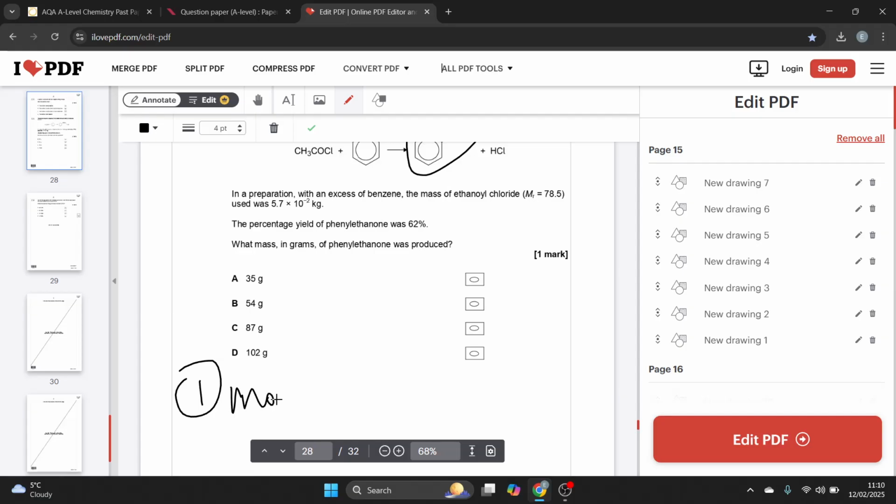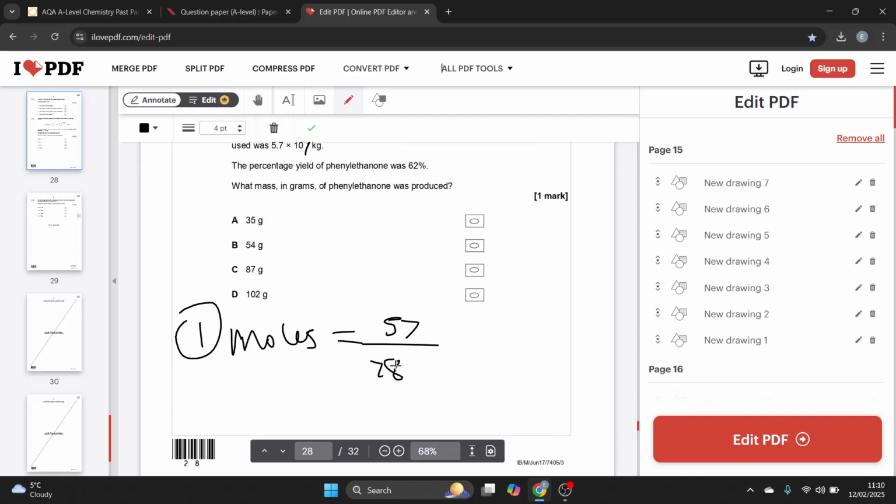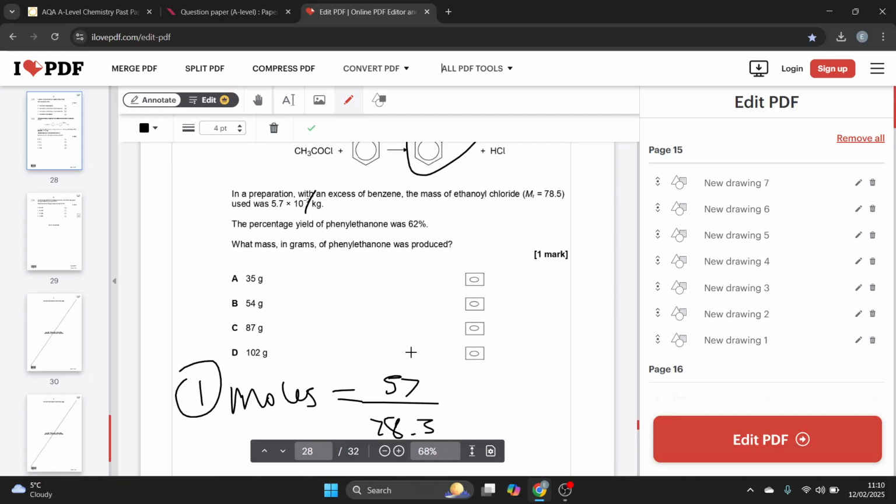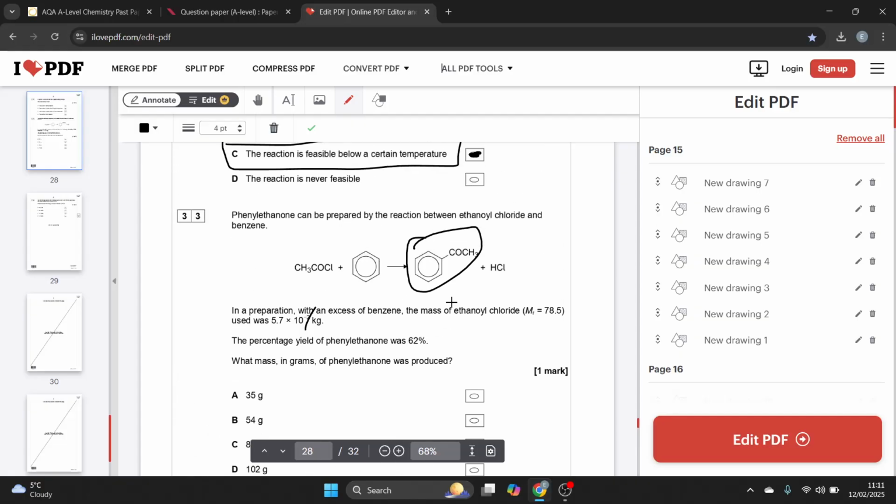So the moles is going to be the mass in kilograms times 1,000, so 57 divided by the Mr, 78.5. 57 divided by 78.5. Then I've got a 1 to 1 mole ratio. Therefore, to find out the mass of phenyl ethanone, I'm going to do my moles times by 72 plus 5 plus 12 plus 16 plus 12 plus 3.